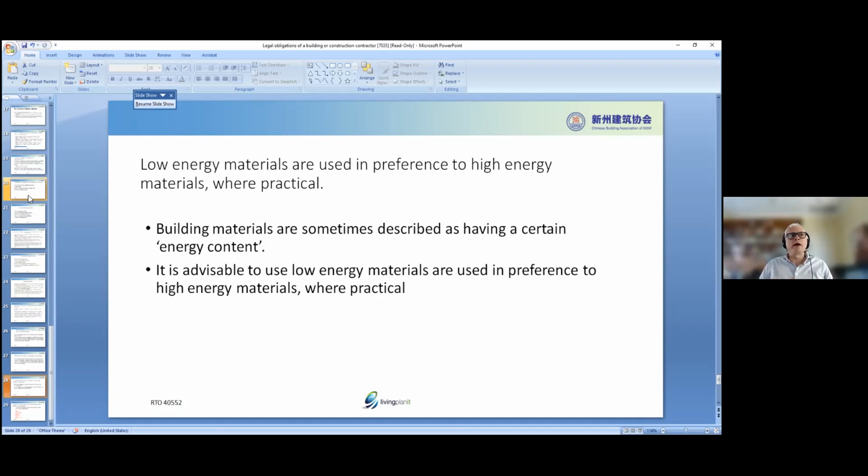We have to dig the ground, take out the minerals, take them to the factories, convert them, right? Then process them. Can you see there's a much bigger process involved? High energy, a lot of energy to create a piece of steel, very little energy to create a piece of timber. Okay, so low energy versus high energy materials.